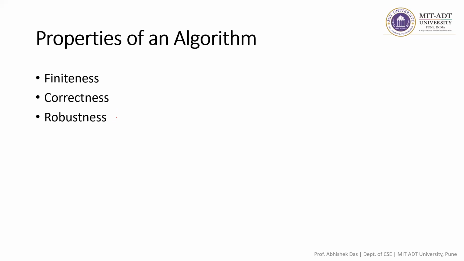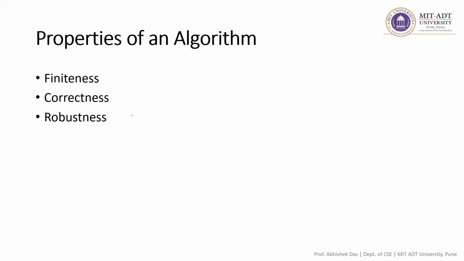Now the complexity of a particular algorithm, we can define the efficiency of a particular algorithm in terms of space and time, right? So we have the concept of the time complexity and the space complexity, by which we define the efficiency of a particular algorithm.